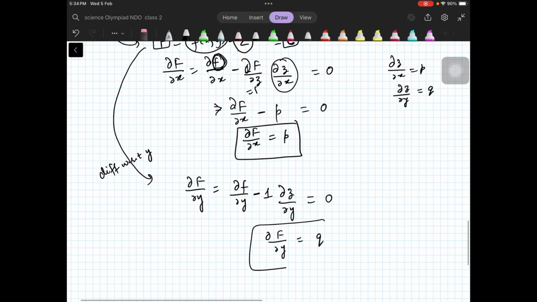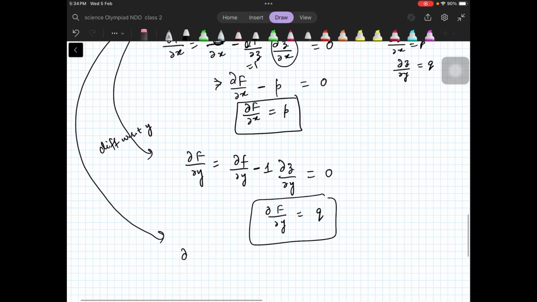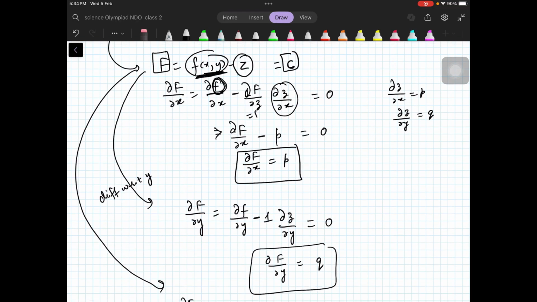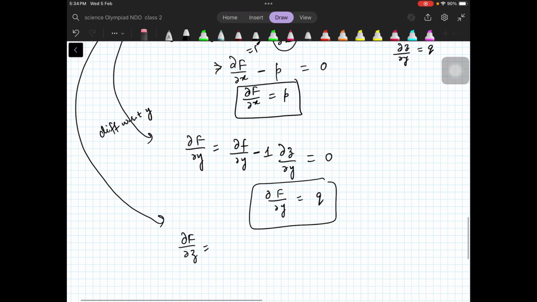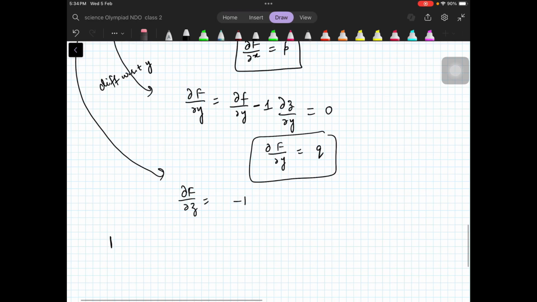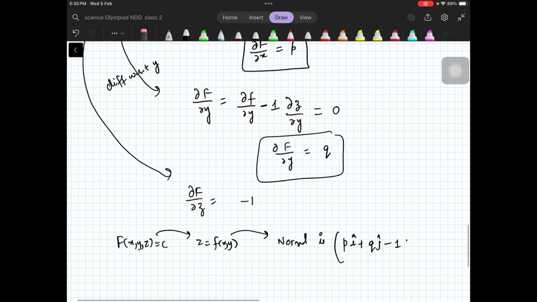If I want to differentiate with respect to z, curly F by curly z, because we don't have z explicitly in f of x and y, the derivative would be minus 1. So the normal to the surface, which I wrote as z is equal to f of x comma y, is the normal vector p i cap plus q j cap minus 1 k cap.